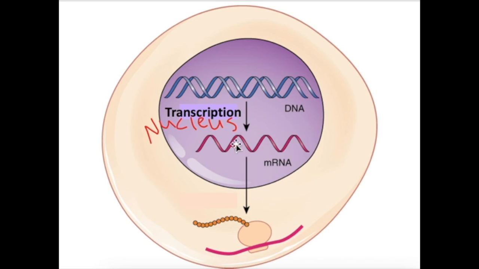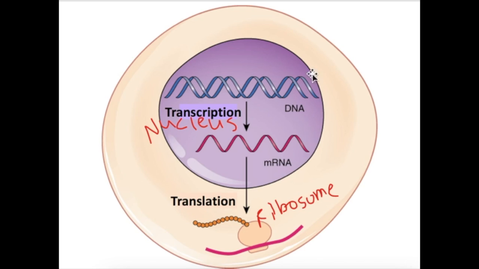Now, the mRNA is a special little molecule. It can actually leave the nucleus. It's not as delicate as DNA. So when we send that mRNA out, we are going to send it over here to a ribosome. And the ribosome is where we are going to take that mRNA and translate it into a protein. And the name of that process, as we remember, is translation.